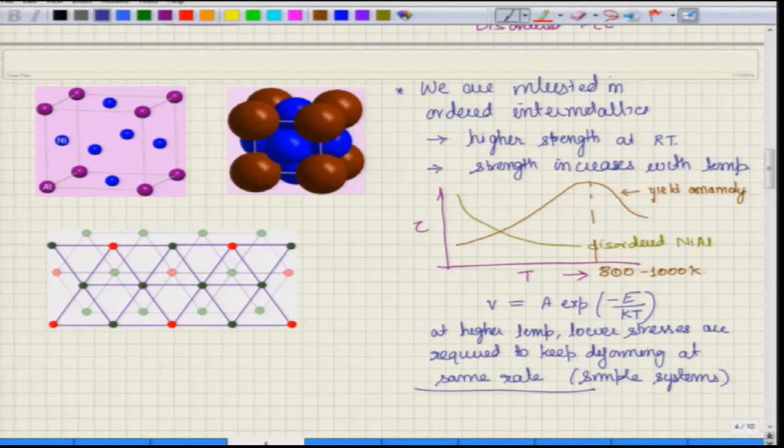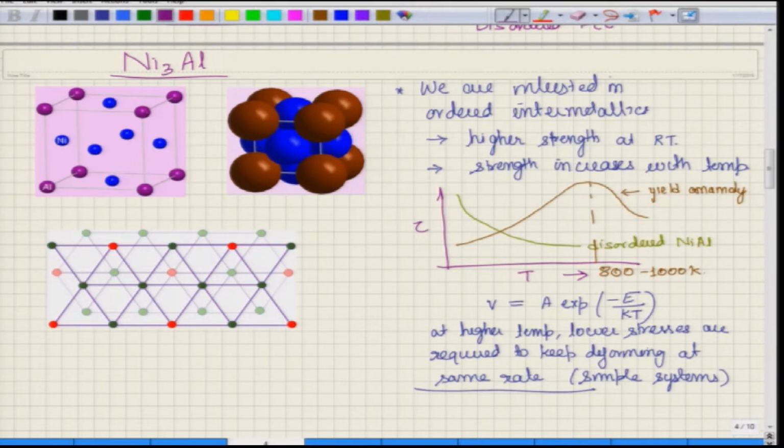One of the superalloy systems is Ni3Al. So, this is a nickel based superalloy, and earlier also I have shown you how this structure is. Here again, because it is so important and we want to understand it fully, we want to look at it in more detail. So, this is a ball stick model.